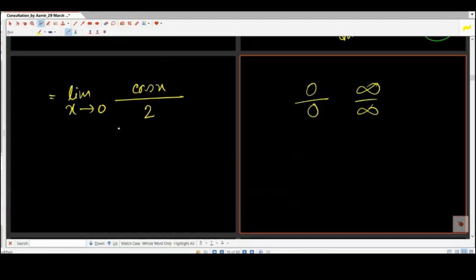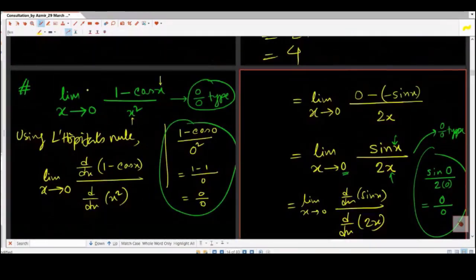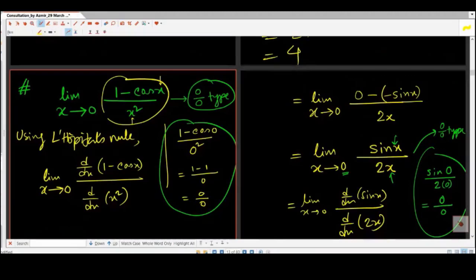So that means this is our final result. We can just plug the value of x, that is x equals 0. So cosine 0 over 2. We know that cosine 0 is 1 and in denominator we have 2. So this is the limiting value of this function when x approaches to 0.